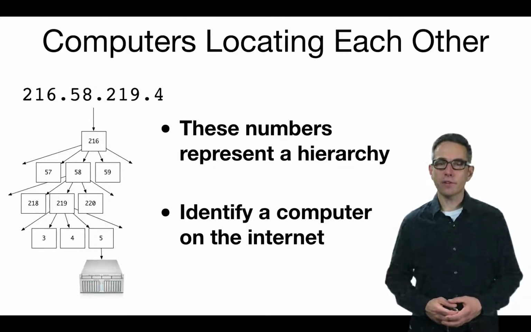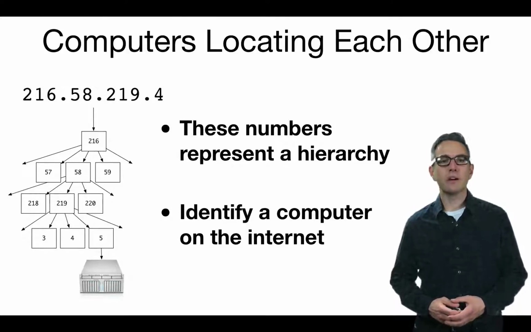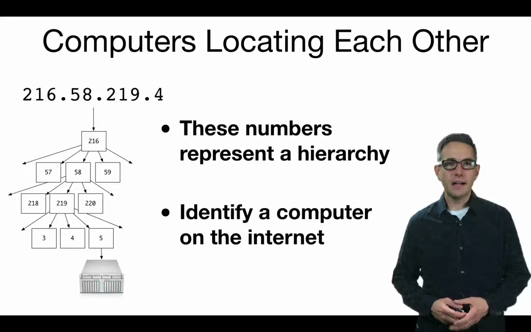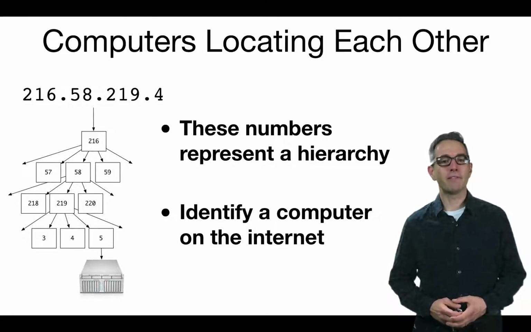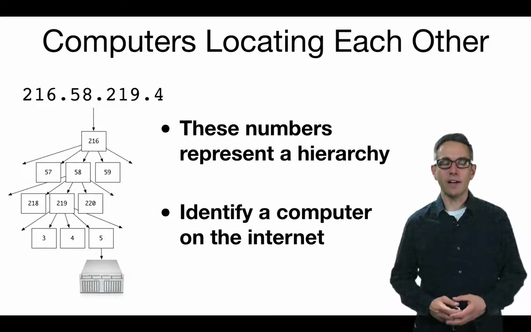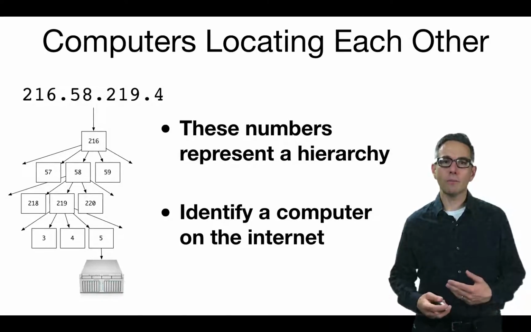So in total, 4 different trees, each of which can have 256 different branches. That's a lot of computers, a lot of addresses that are available. And so at the very base of the address is a computer, which in this case is slightly off in my diagram, should be coming off of the 4, not the 5. In any event, those 4 numbers specify a particular computer on the Internet, and that number is how you can tell one computer to find another one.